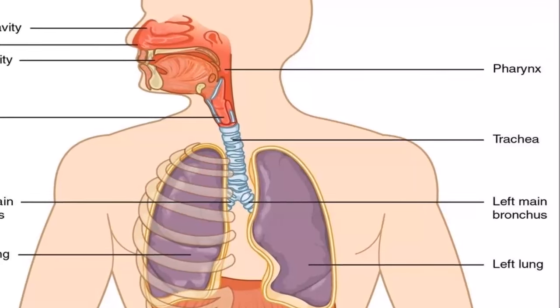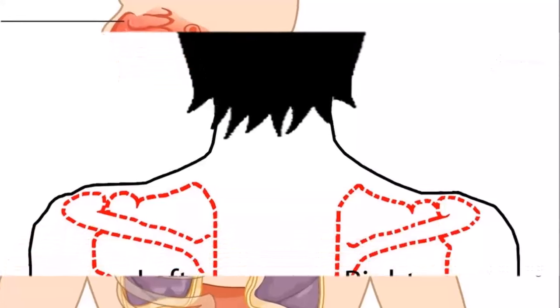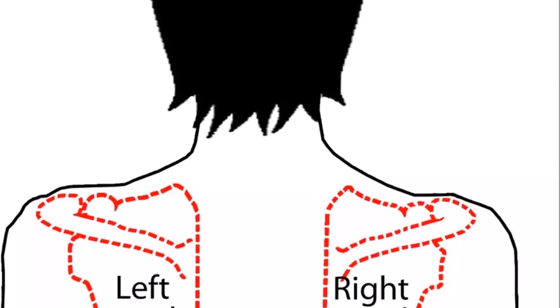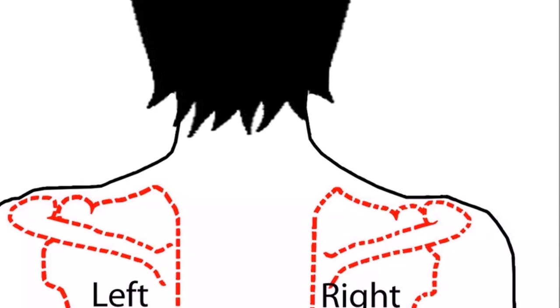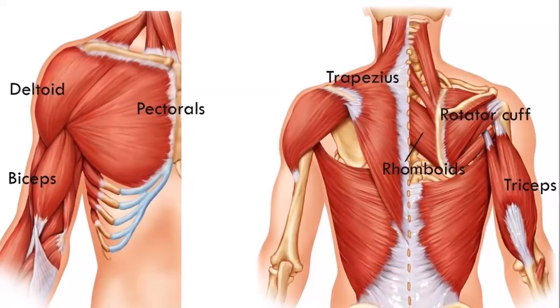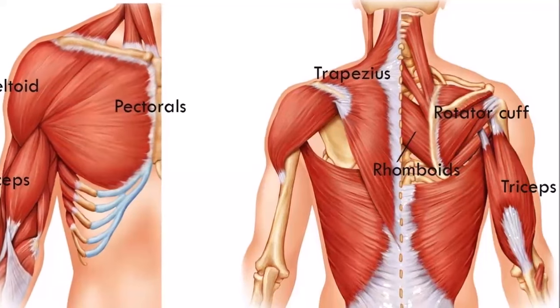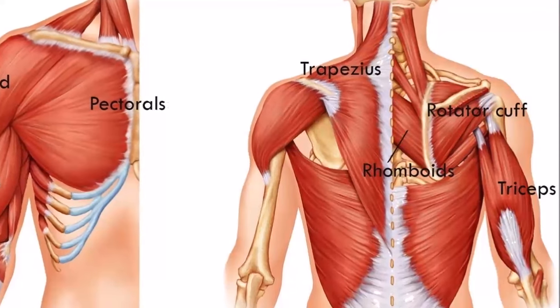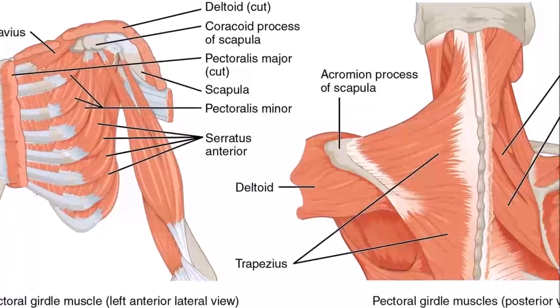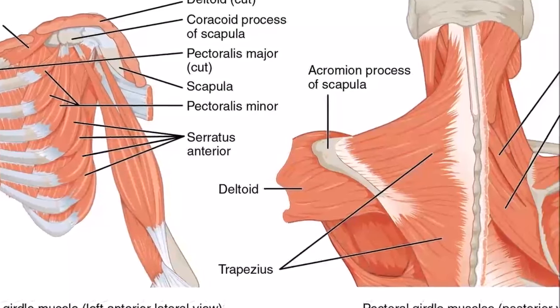Now, the third part is clearly seen here also on the posterior view, and this is originating from the spine of the scapula. Now, this muscle has one insertion point, which is right here on the deltoid tuberosity of the humerus.